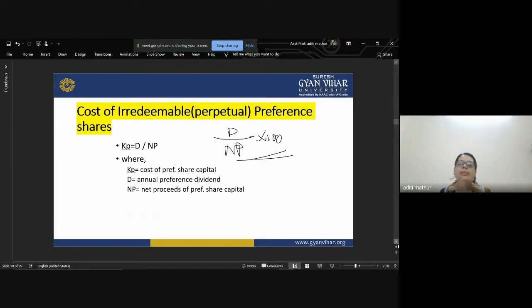So we can multiply it with the face value and get the overall amount, and divide it by the number of preference shares to get dividend per share. If you want to use annual dividend, you can use the annual dividend divided by net proceeds and then multiply it by 100. Let us recap how to calculate net proceeds.